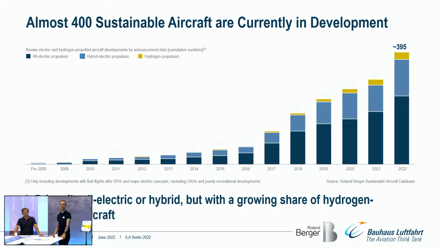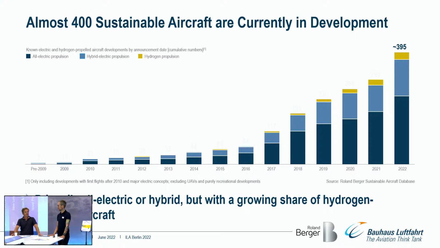But since 2017, and especially 2022, we have experienced a strong growth in the number of projects globally. This goes hand in hand with overall investments flowing into the regional air mobility industry, mainly in all-electric propulsion and also hybrid propulsion, and only a tiny bit into the hydrogen area.